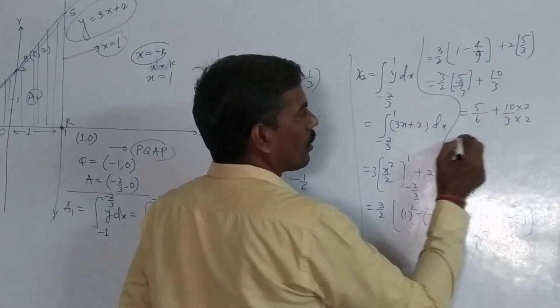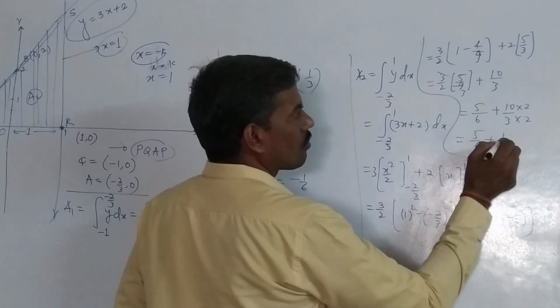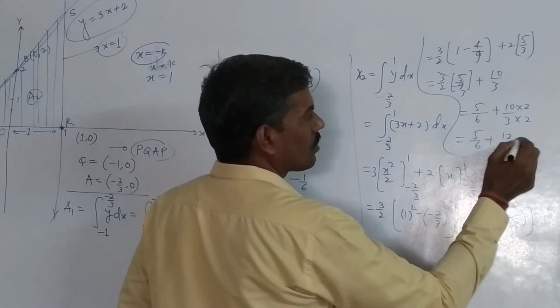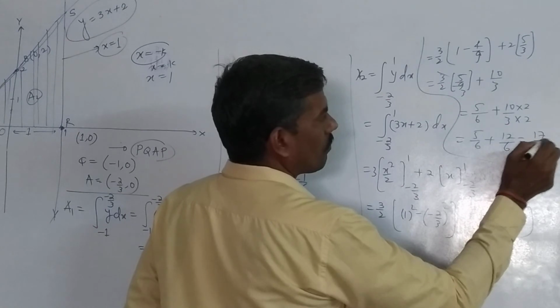Multiplying and dividing by 2, we get 5/6 plus 20/6 simplified, that is 17/6.